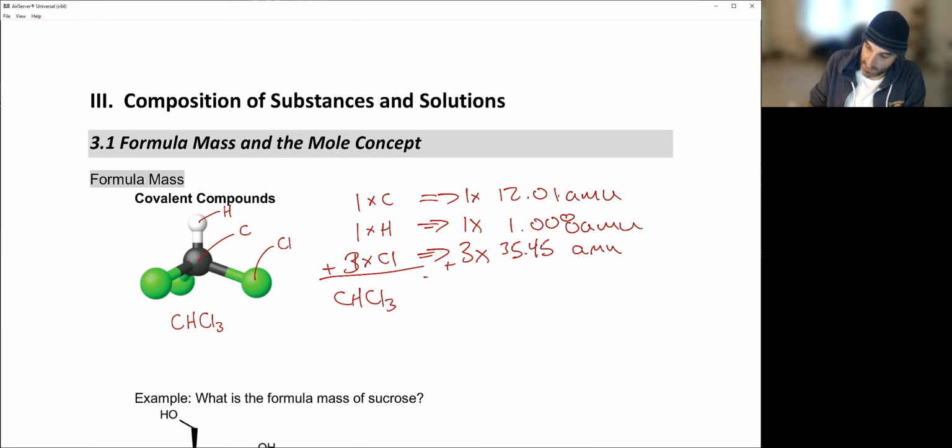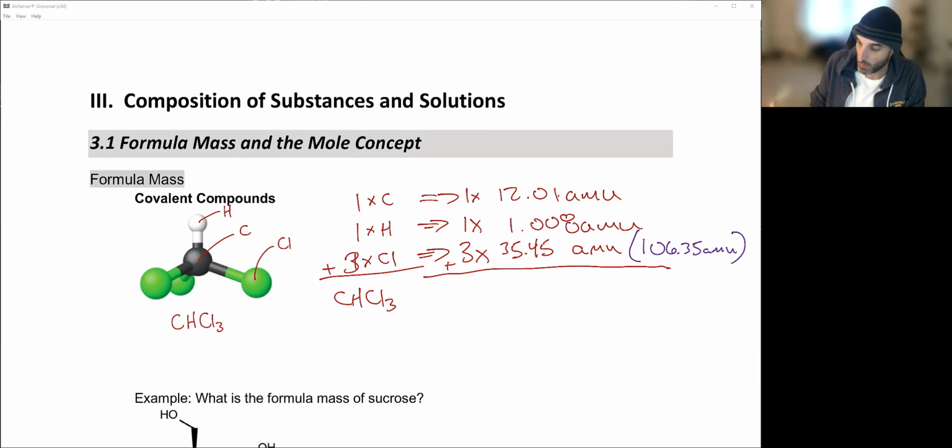All right, so I'm going to add these all together. So first, I'm going to multiply out that 3 times 35.453, and we get a total of 106.35 AMU. So now I'm just going to add the other parts to it.